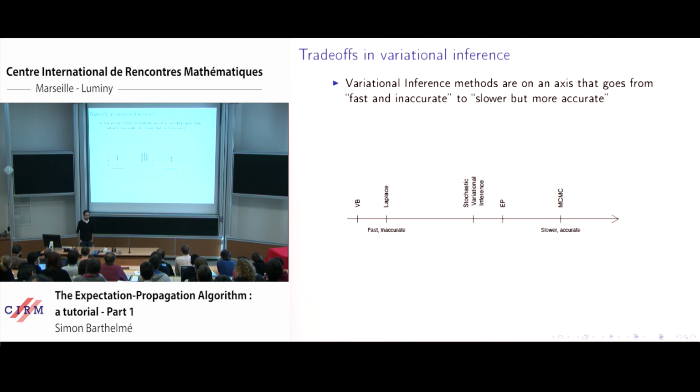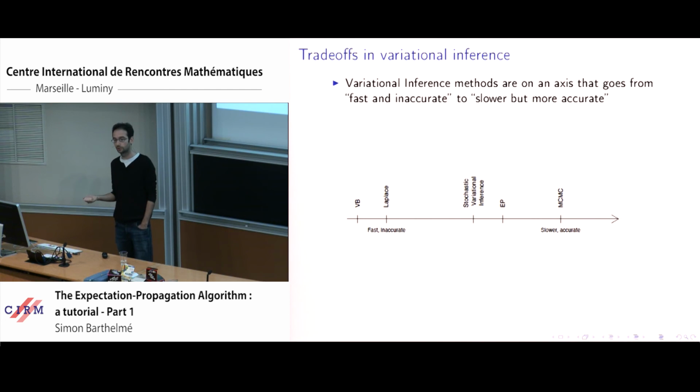It's a very simple algorithm when you use the VB form. It's essentially a method for doing mixture models on documents, on discrete objects, and you can crunch through thousands and thousands of documents in a few seconds. It gives you a point estimate that's quite good.